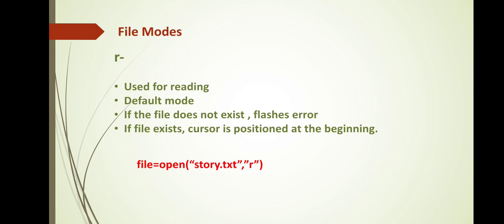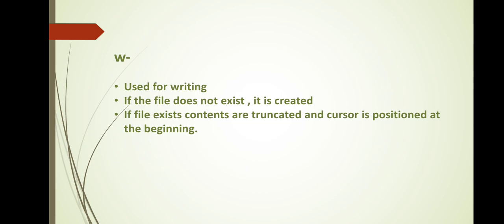Moving on to the next mode, W. W mode is used for writing. Now in this case, if the file does not exist, then it will create a new file with the name. It is not going to flash any error. But if the file already exists, then what will it do?